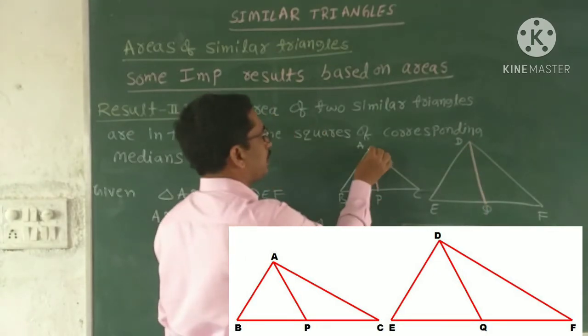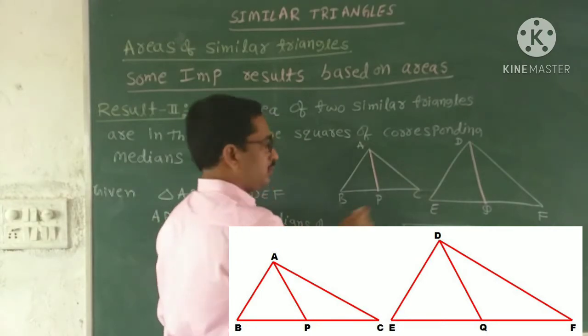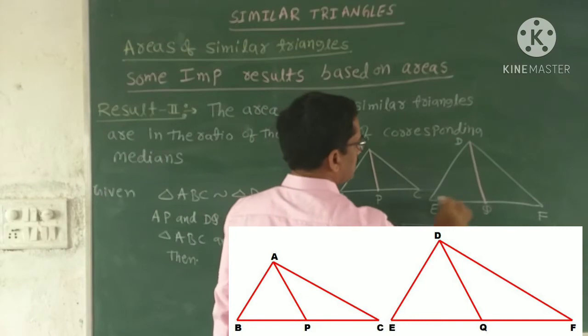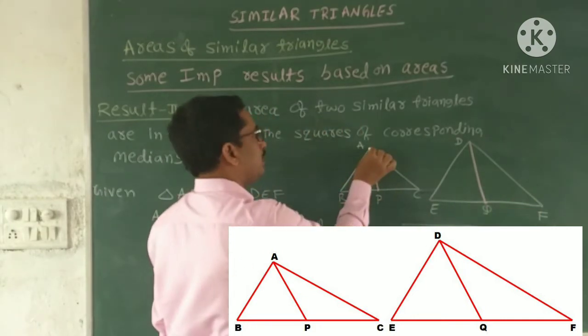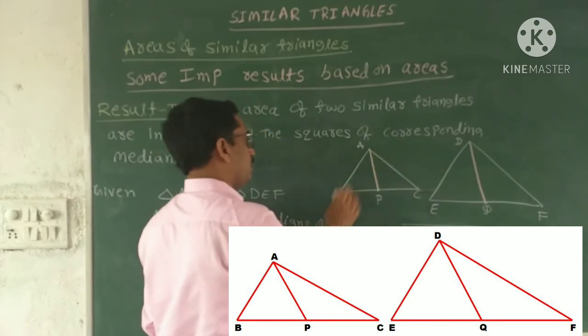A median means joining a vertex to the midpoint of its opposite side. Q is the midpoint of EF and P is the midpoint of BC. So these are the medians.